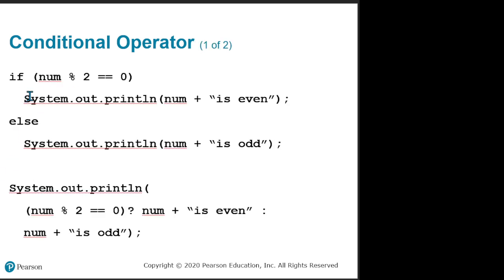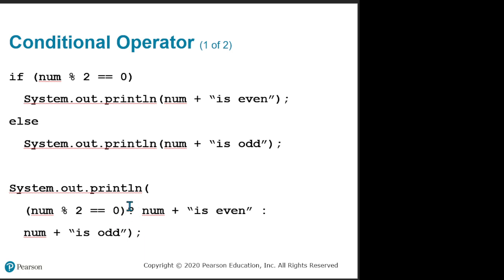For example, if we check if a number is even, an even number when remainder divided by 2 gives 0. And this entire print statement can be put into one print statement. So this, if the number is divisible by 2, print it's even, else print the number is odd, can be turned into print number percent 2, or remainder division, if it's equal to 0.